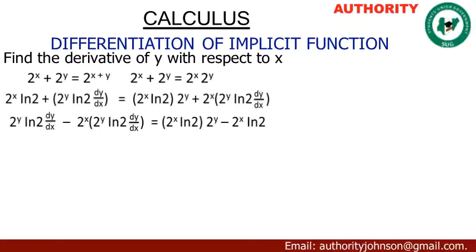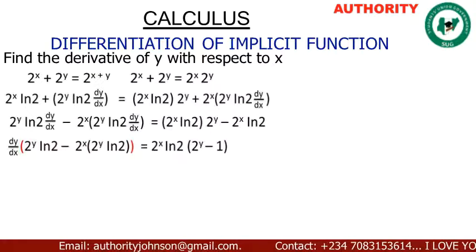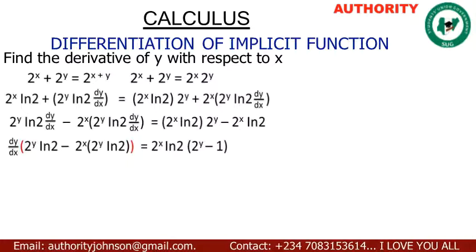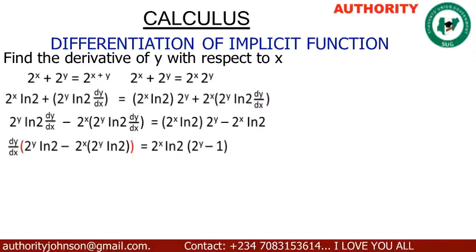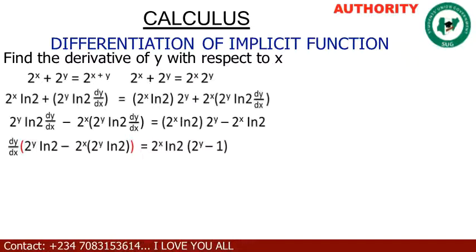From here, we're going to factor out dy all over dx. So in so doing, we're going to have (2 raised to power y ln 2 minus 2 raised to power x 2 raised to power y ln 2) equal to 2 raised to power x ln 2. In the right hand side, let's factor out 2 raised to power x ln 2 because it is common in both of them.